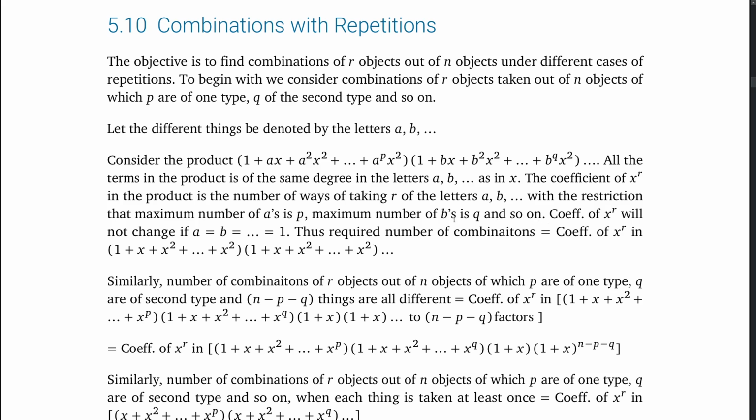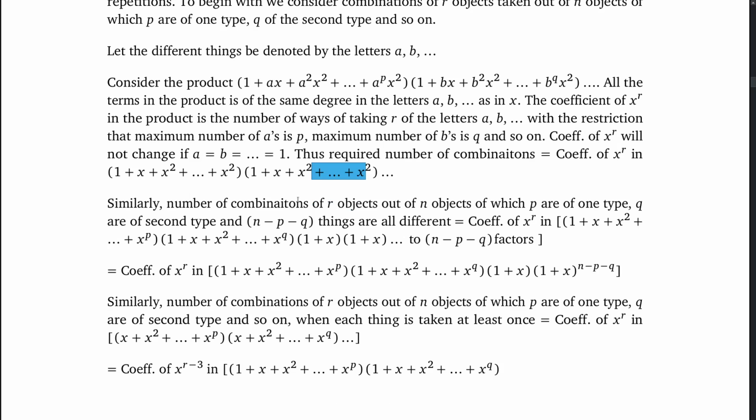The coefficient of x^r will not change if a = b = and so on = 1. Thus the required number of combinations is the coefficient of x^r in (1 + x + x² + ... + x^p)(1 + x + x² + ... + x^q) and so on. This should be x to the power p, and similarly x to the power q.